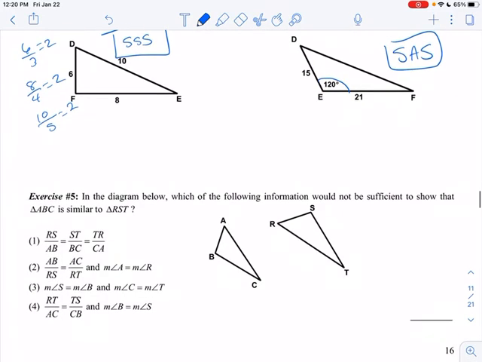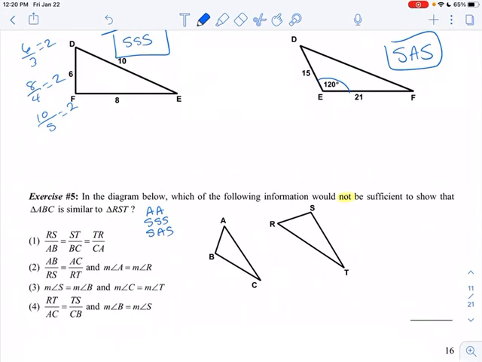All right. Last one, number 5: in the diagram below, which of the following information would not be sufficient to show that ABC is similar to RST? So I either have to have angle-angle, side-side-side, or side-angle-side. So I'm looking for which is not. That means 3 of them are going to work and 1 of them is not going to work. So let's look.